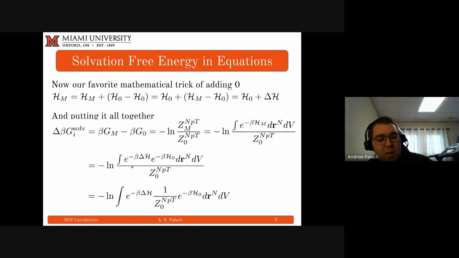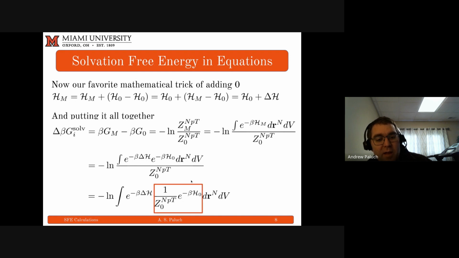Rearranging slightly, I'm going to write out e to the negative beta delta H separately, and then group together 1 over Z naught times e to the negative beta H naught. Why I'm going to group that is, H naught is the Hamiltonian of my reference state, so this just becomes the probability of observing a given configuration in my reference state.